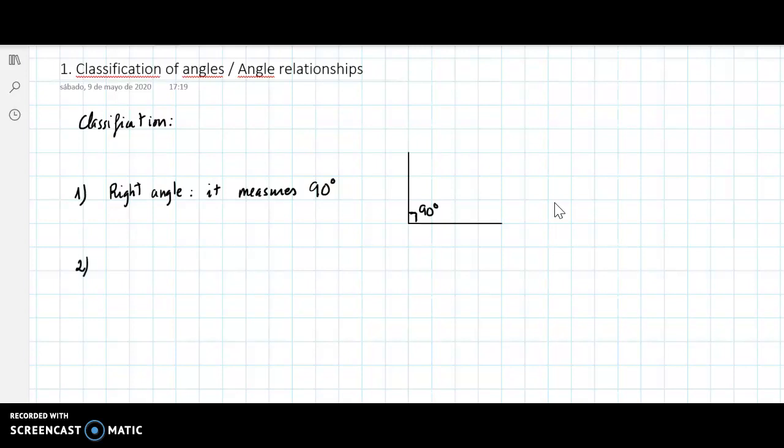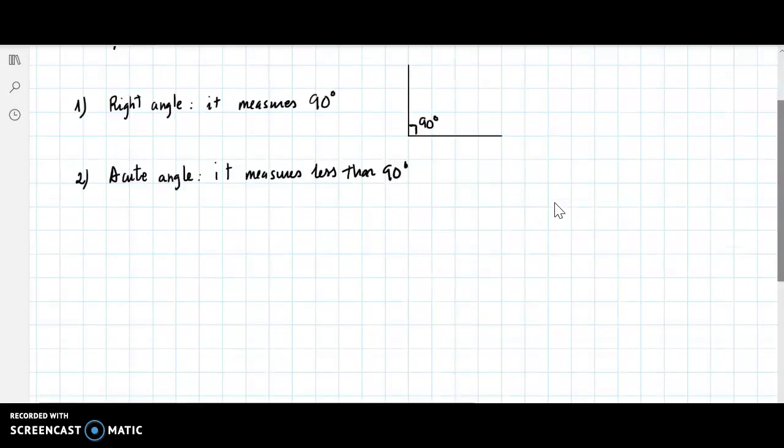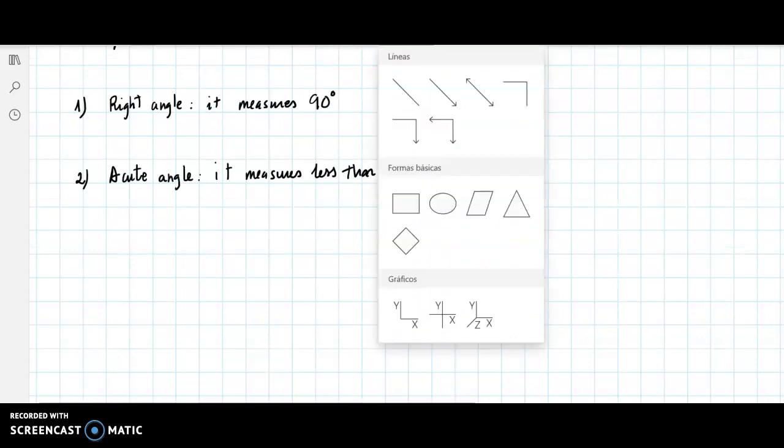Second type of angle is the acute angle. So it measures less than 90 degrees. So now the angle is different.